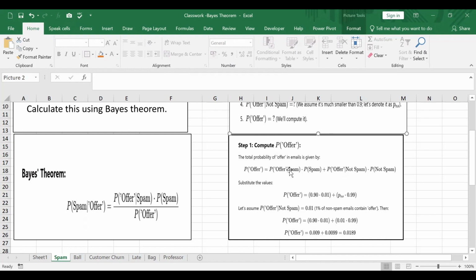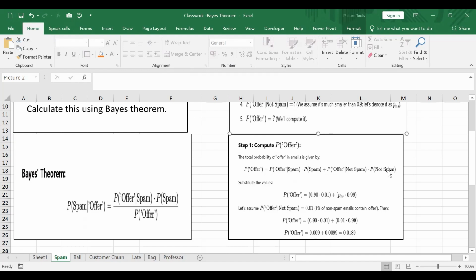Out of this, we know this is 0.90 and this is 0.01, the percentage of spams in the mail. For not spam and it is an offer, we do not know, so we are assuming it to be 0.01. So this one is an assumption.